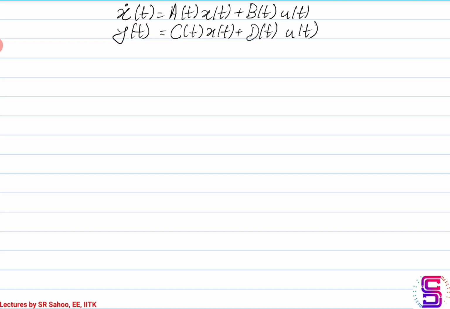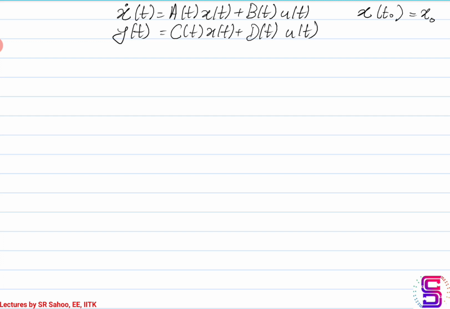Okay, so now to see the behavior of the output y with respect to the input u, and the initial condition x at t0, let's say that this is equal to x0.